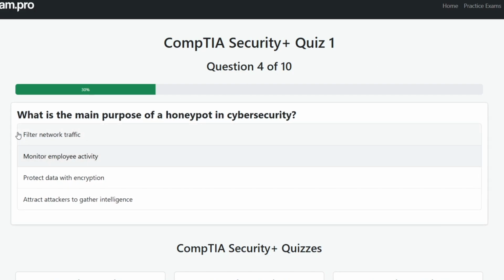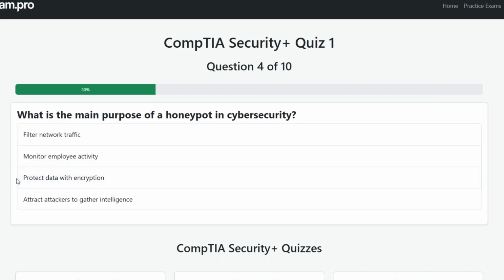Let's go through the answers. To filter network traffic, that is mostly done by firewalls by using ACL rules, access control lists. Firewalls will allow and disallow certain IP ranges or IP addresses to access certain networks or certain applications. So that's something that a firewall does, not a honeypot. A honeypot is not used to monitor employee activity. That might be done with some application on your desktop, but a honeypot does not monitor employee activity.